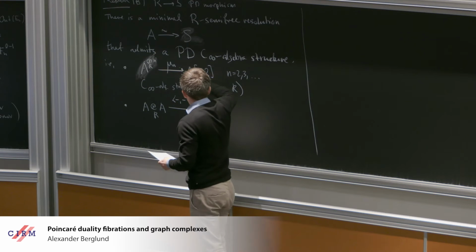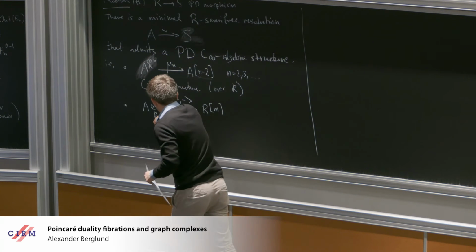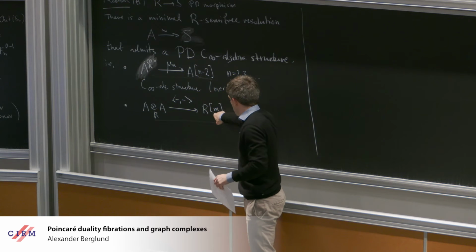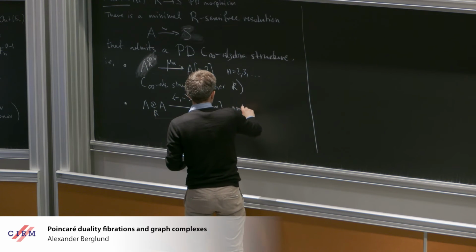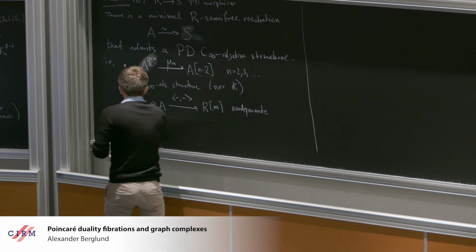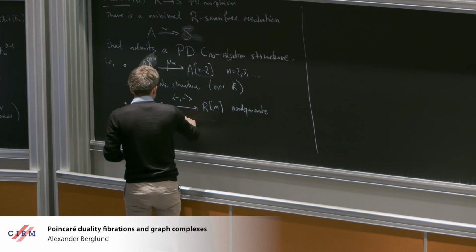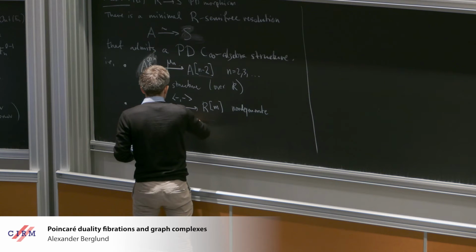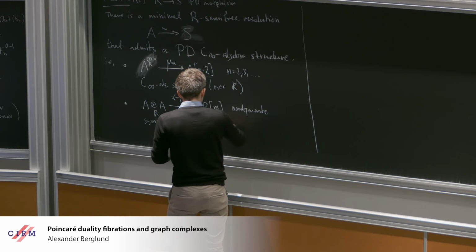So this means that the map is of homological degree n minus 2, and then here I have an R linear map of homological degree m. And this is supposed to be a non-degenerate symmetric R bilinear pairing.